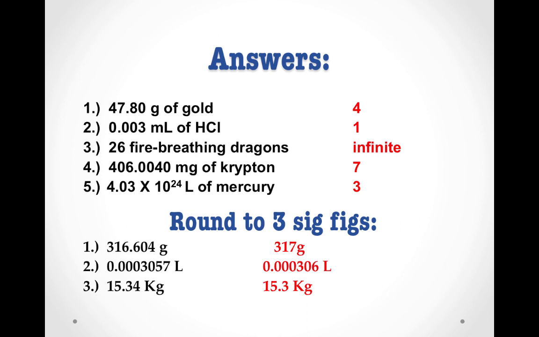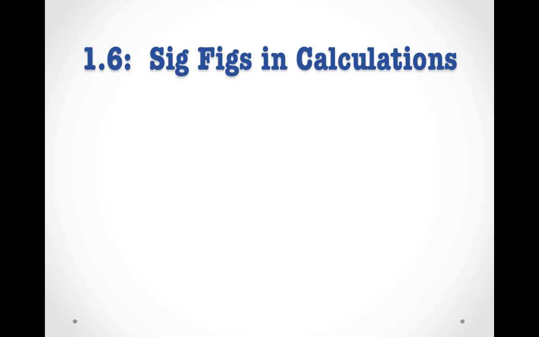Welcome back. These are the answers you should have gotten. If you got all or most of them correct, great. If not, we'll have plenty more opportunity to practice in class, so don't worry. Now let's move on to the final of our objectives for this video, rounding calculated answers to the proper number of sig figs. There are two simple rules for knowing how to round your calculated answers.